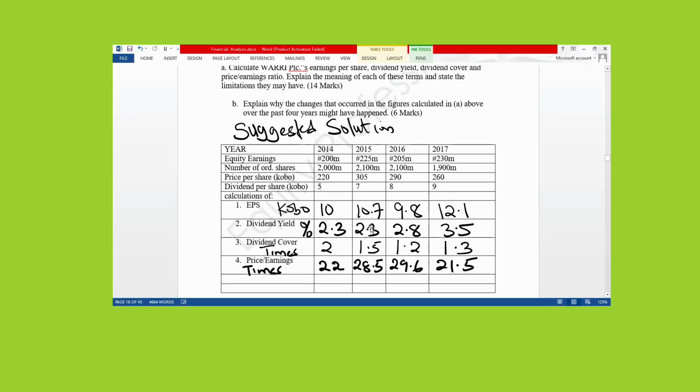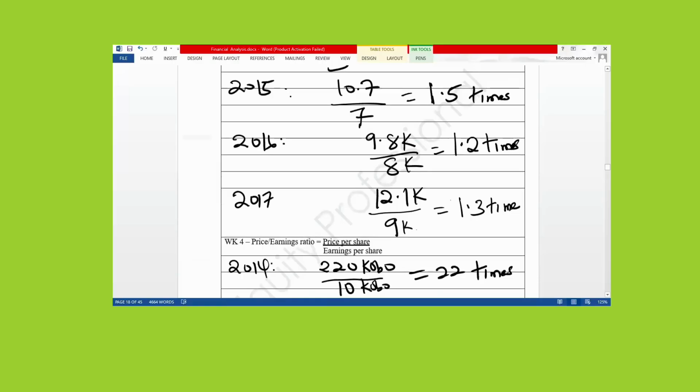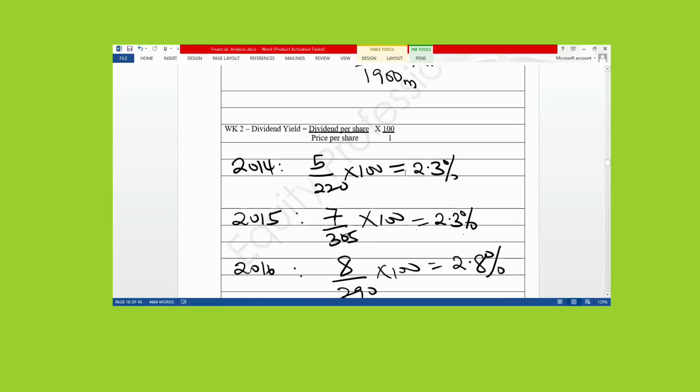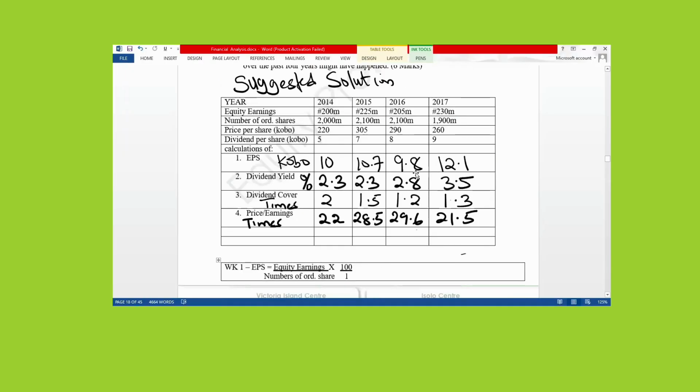Again, from 10.7 to 9.8 kobo, what could have happened to make the earnings per share fall? And from 9.8 to 12.1, what could have been the reasons?